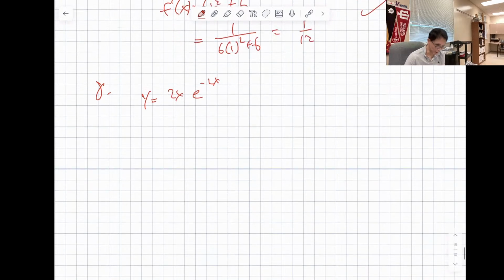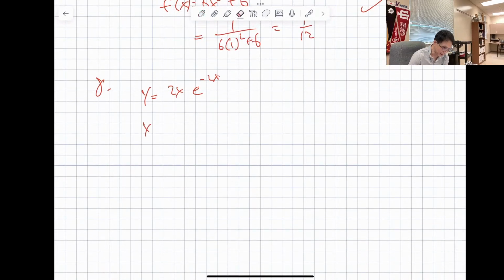All right, so now if I take a derivative, that's going to be 2e to the negative 2x plus 2x times negative 2e to the negative 2x.